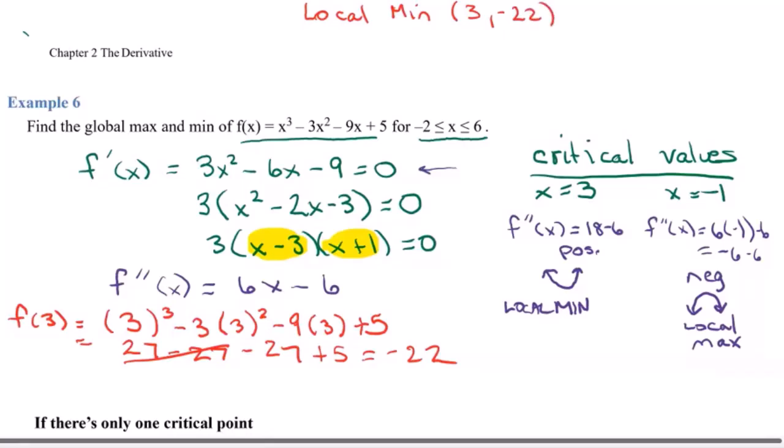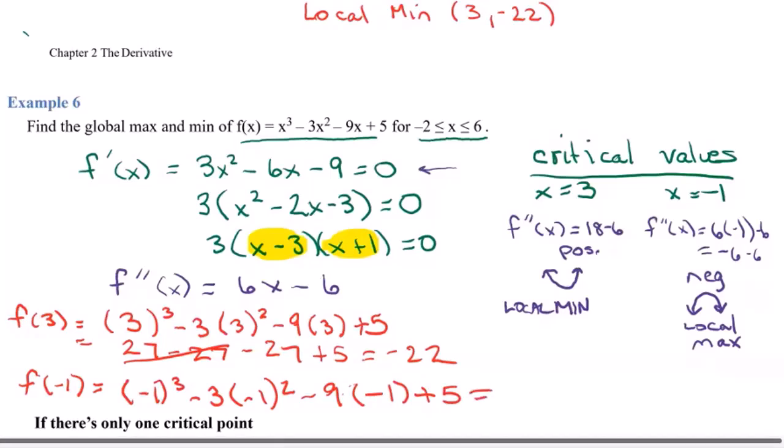Now let's plug in f of -1. So f of -1 is equal to -1 to the third power minus 3 times -1 squared minus 9 times -1 plus 5, which is equal to -1 minus 3 times 1, so minus 3, minus 9 times -1 is plus 9, plus 5, which is equal to -1 minus 4 plus 9 is 5, plus 5 is 10.